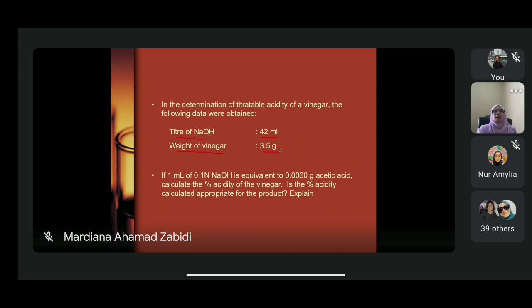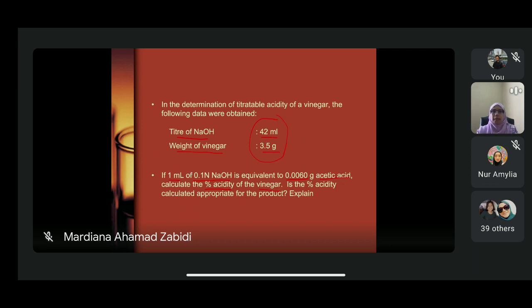Okay, alright. Now the explanation. Okay, ini adalah information yang diberi kepada kamu. So nanti selepas tu there will be a following of simple explanation and question for you to calculate this particular question. Okay, so if 1 ml of 0.1 normal sodium hydroxide is equivalent to, okay, tengok value ni, 0.006 gram of acetic acid. Calculate the percentage of acidity for the vinegar.